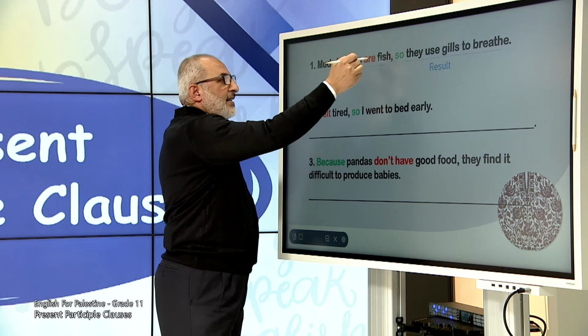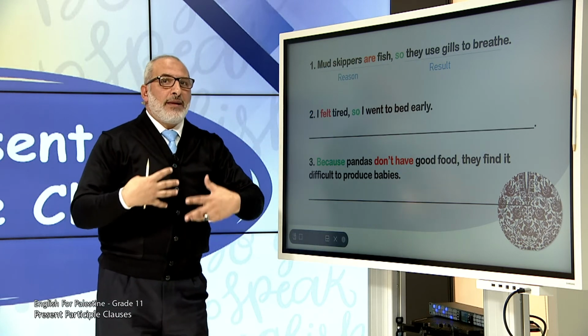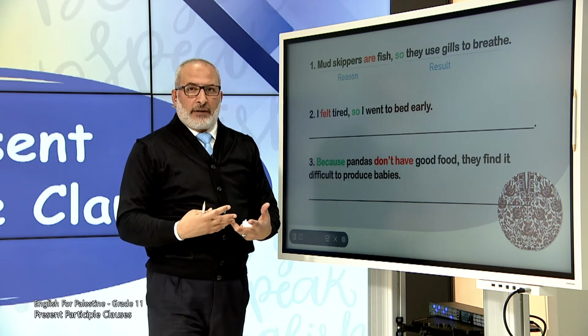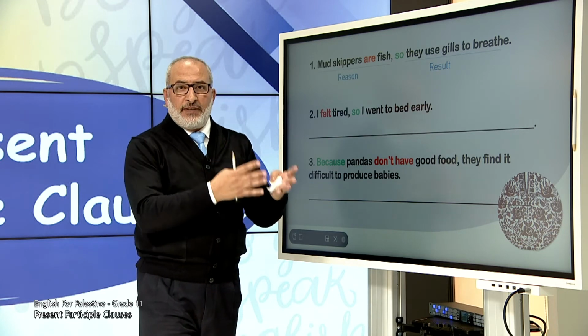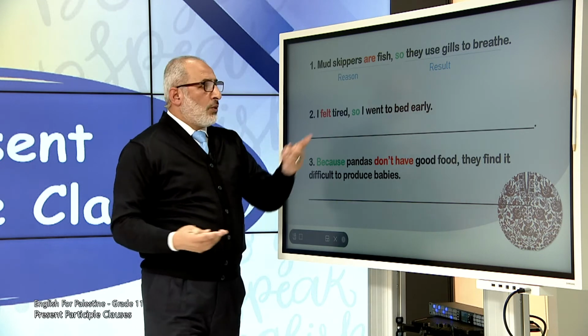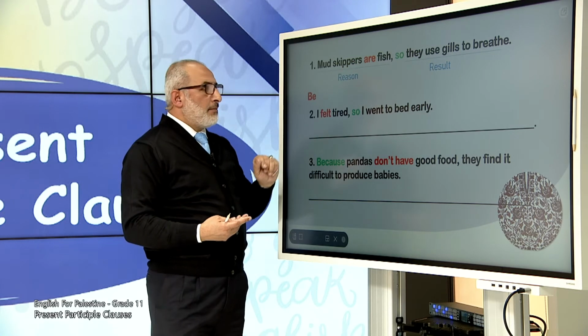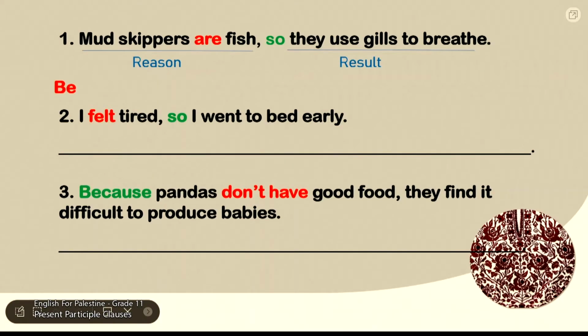The verb here is are. How can we make the ing form from the verb are? The ing form is simply the infinitive plus ing. So what is the infinitive of are? Yes, it is be. To make it ing, we add ing, so being.